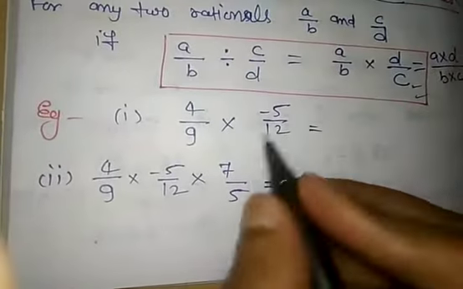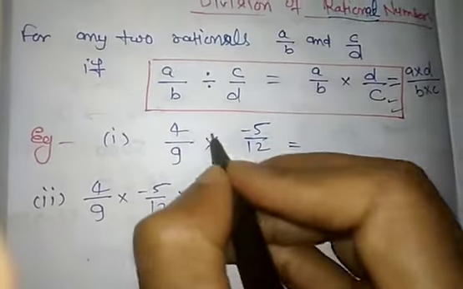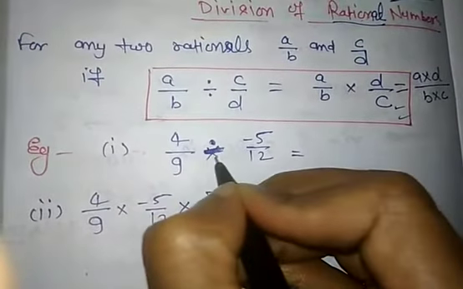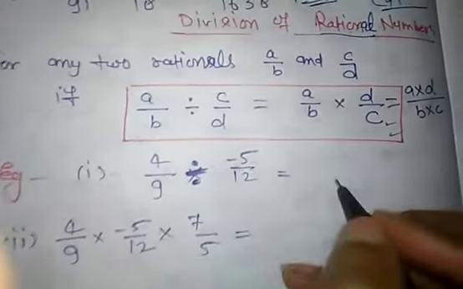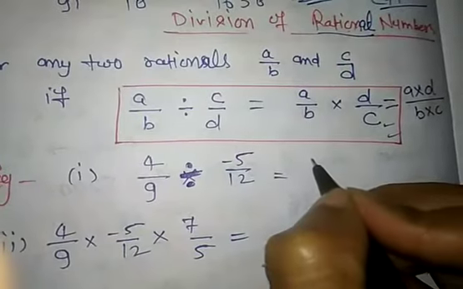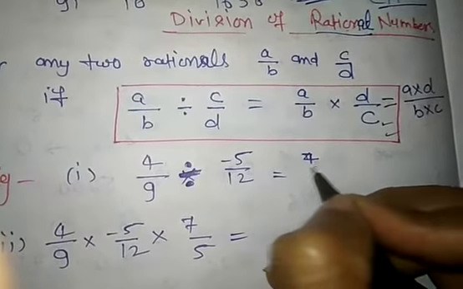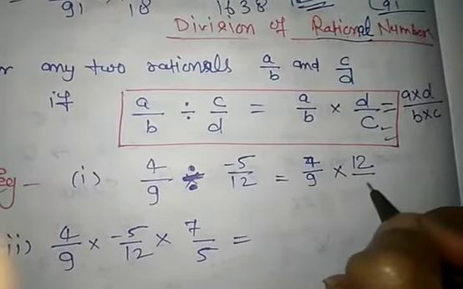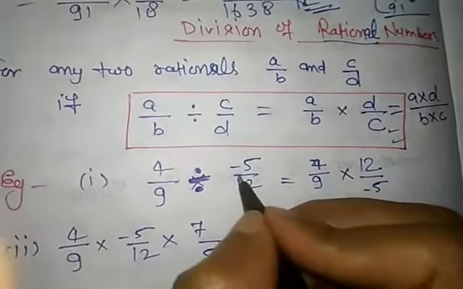For example, this is in a division. So first we write 4 by 9 into 12 by minus 5.